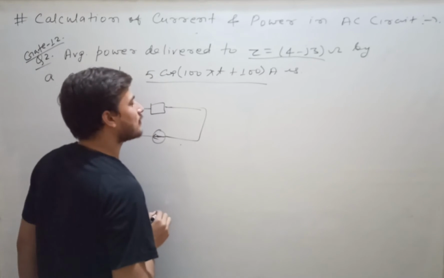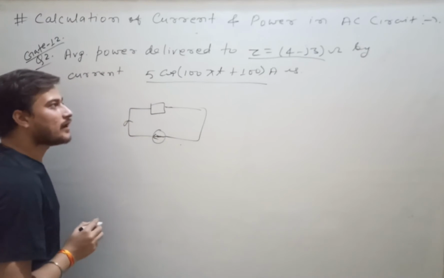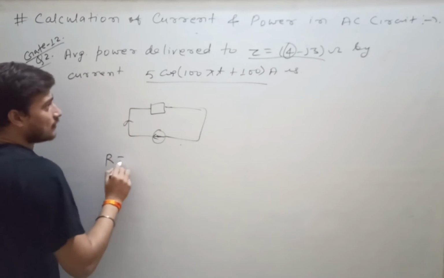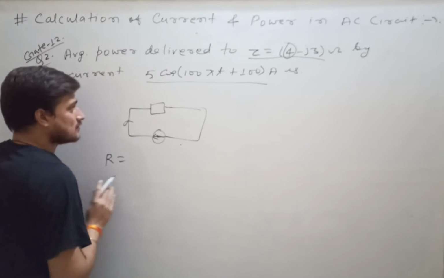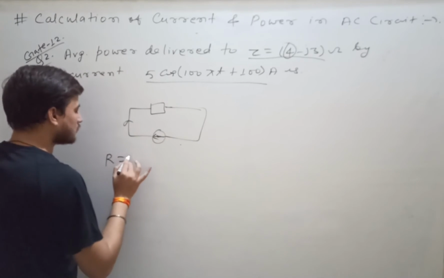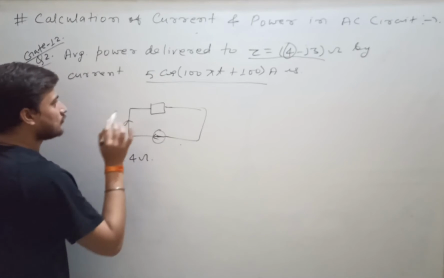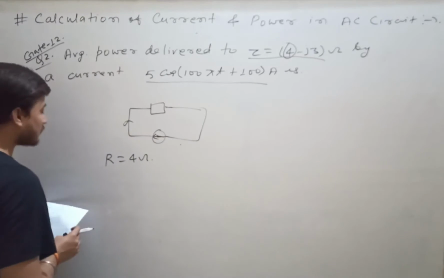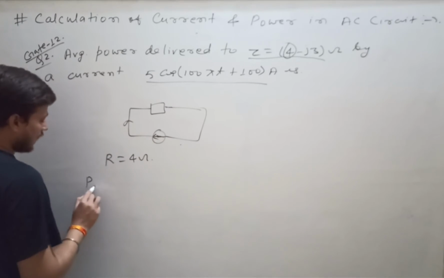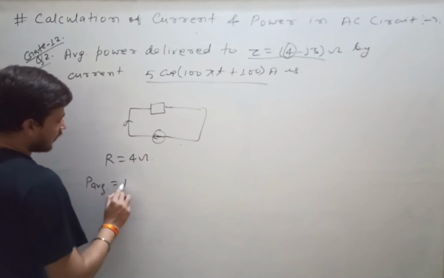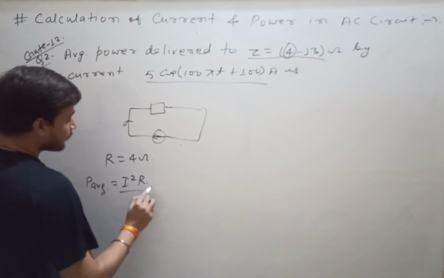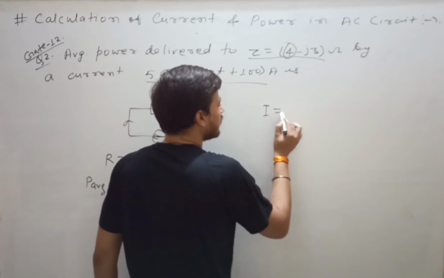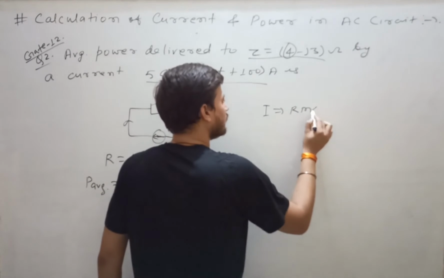Average power means the power dissipated across the resistor. So the resistor is how much? Forget about the inductor. The resistor is 4 ohm. So P average will be equal to I square into R. Remember one thing: anywhere if capital I is written, it means RMS value.